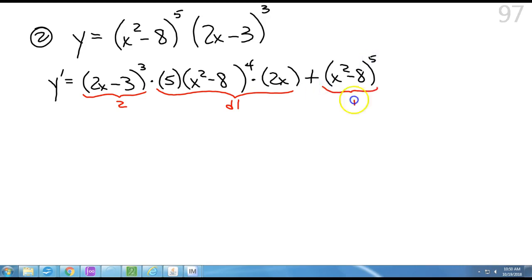That's just rewriting the first thing, times the derivative of the second thing. Well, the derivative of the second thing is like its own chain rule. So I'm bringing down the 3, reducing the power by 1, and I'm multiplying by the derivative of the inside.